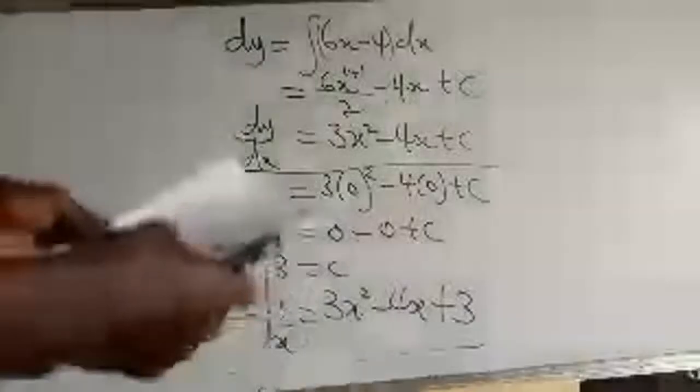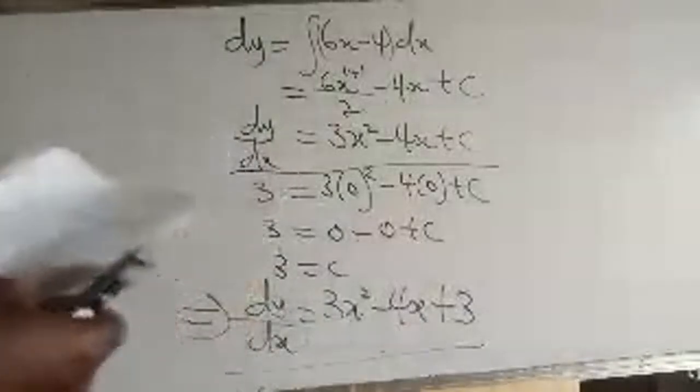Now, having done that, don't forget, the question says we should find y. Now we have gotten this, we can now say that dy equals 3x squared minus 4x plus 3 dx. So integrating both sides now, you have the integral of dy is equal to the integral of 3x squared minus 4x plus 3 dx. So the d will cancel the integral.